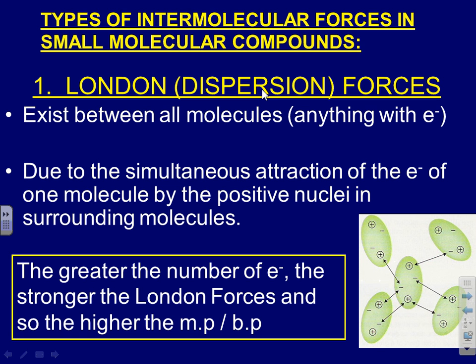London forces are due to the simultaneous attraction of the electrons in one molecule by the positive nuclei in the surrounding molecules. So all electrons that are in one molecule will have a very weak attraction for the protons in the neighboring molecule. It has to do with the fact that the electrons move around and expose these charges every once in a while.